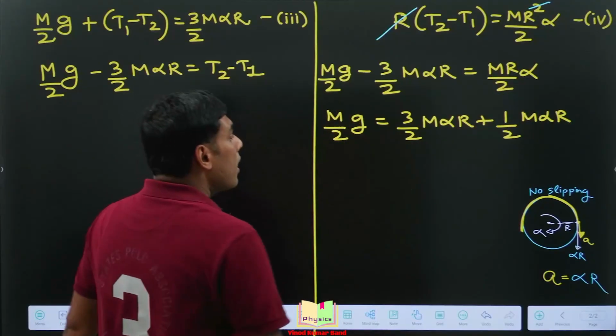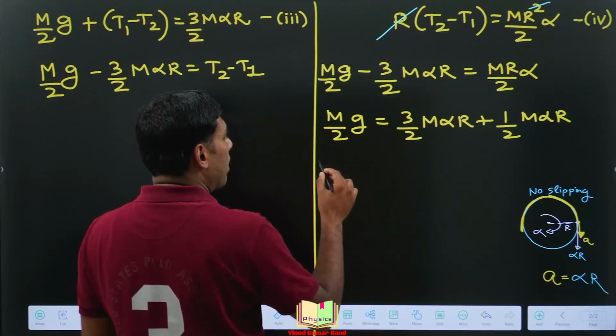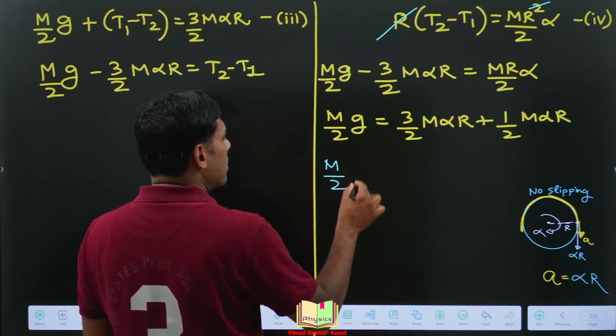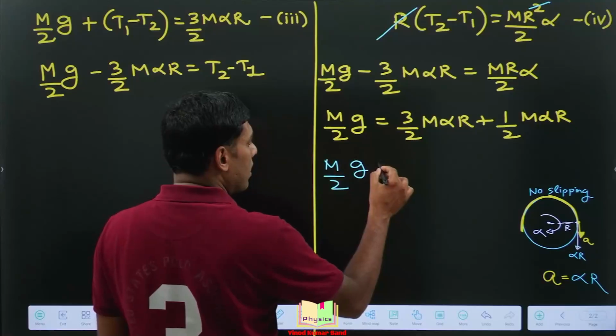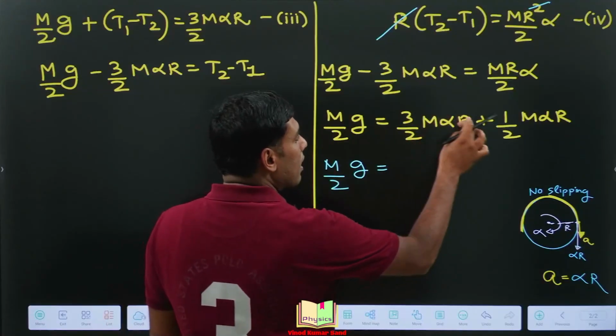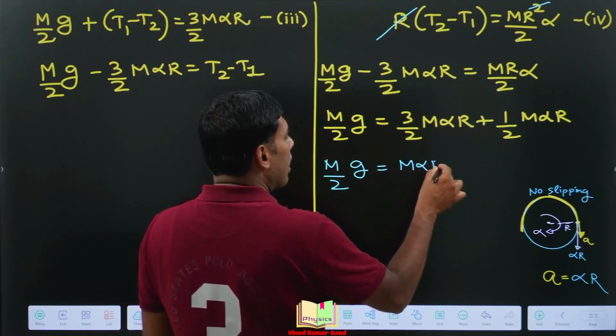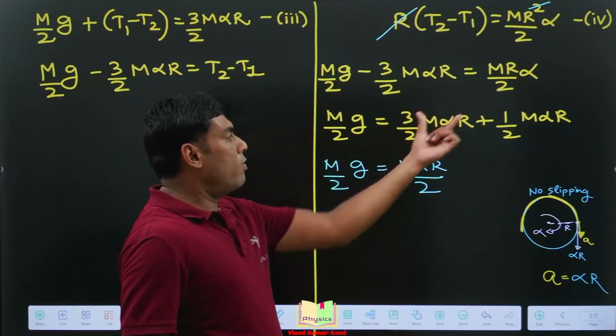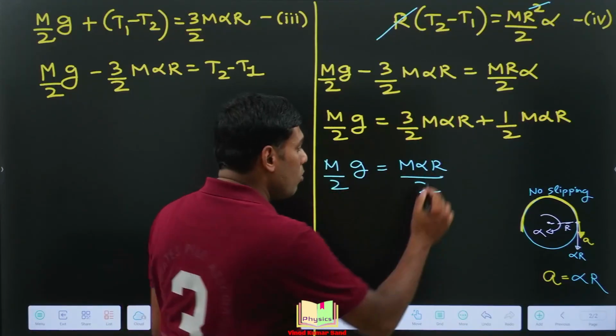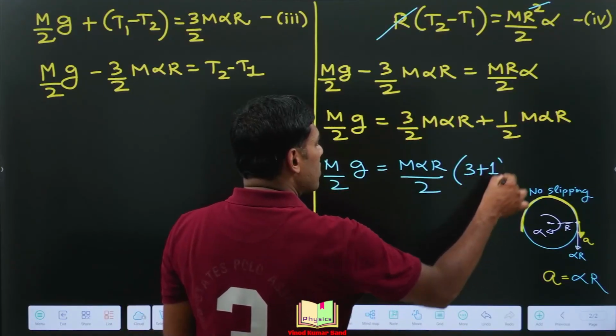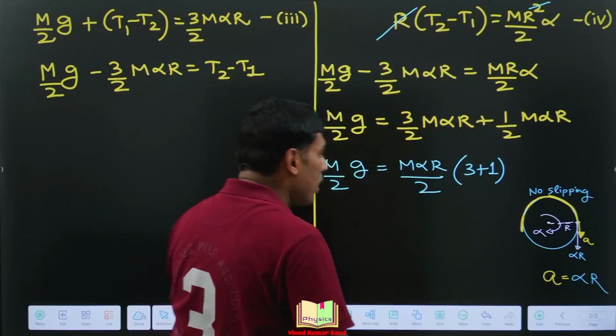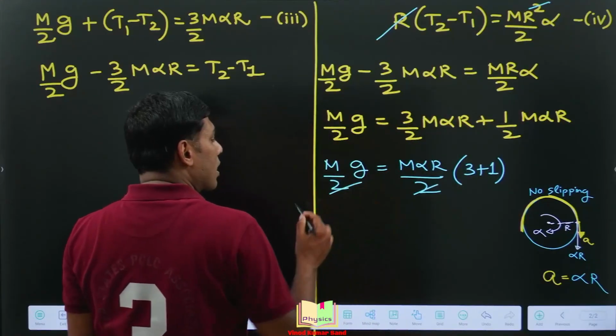Got it? Here we can take few parameters common. So in left hand side I keep (m/2)g as it is. Here I am taking that m alpha r by 2 common. We are left with 3 plus 1. This 2 and this 2 are getting cancelled out.